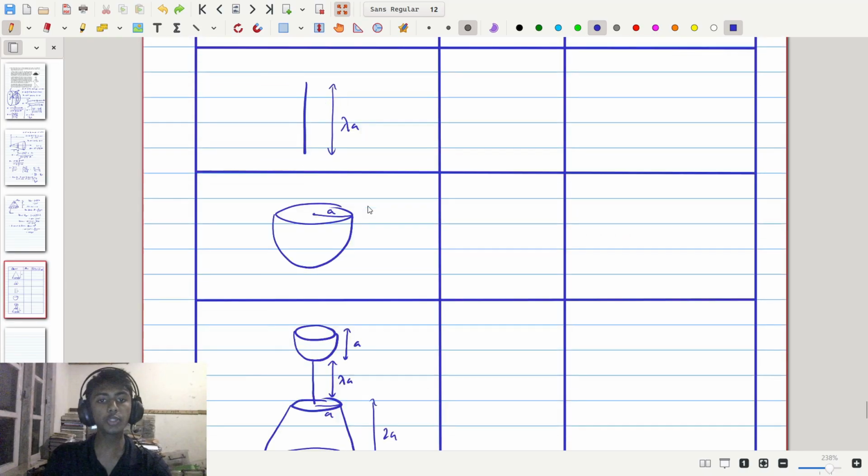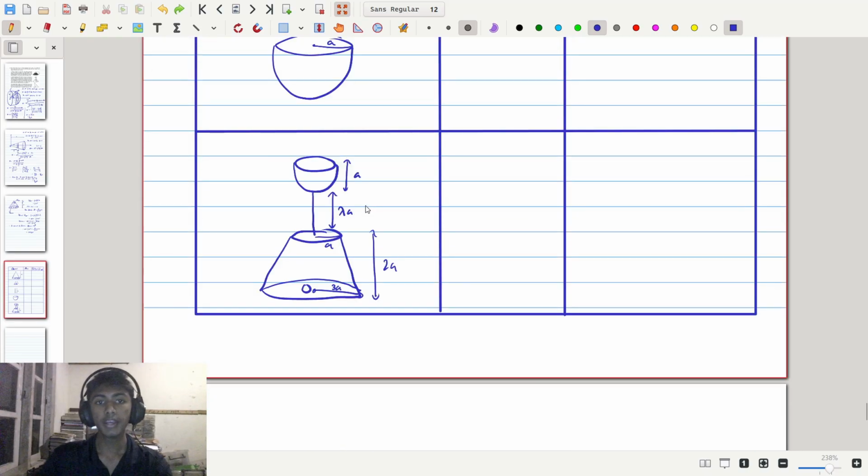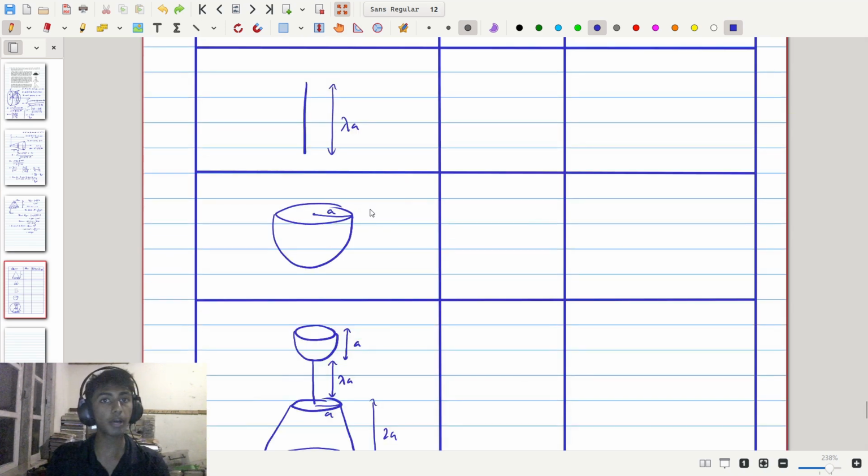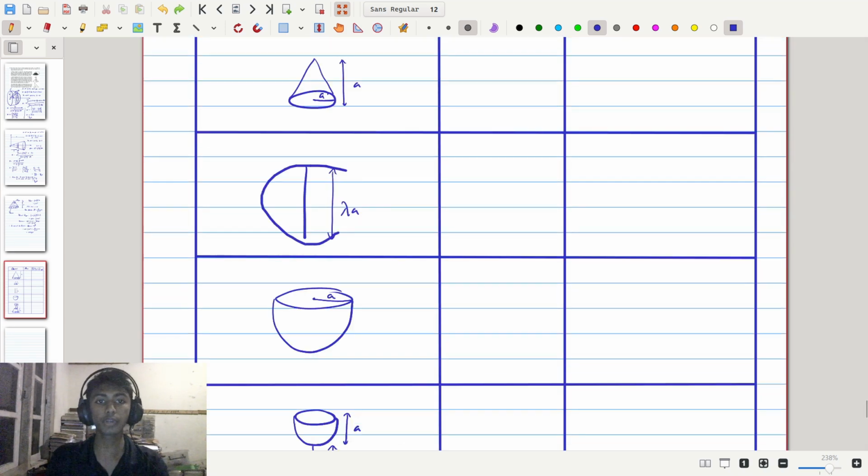So, what you will do in this kind of table is to have your composite object at the very end, and then you're going to break your composite object into simple objects that you can find the centers of mass of easily, either by integration as we did above, or because they're so obvious that you can very easily find them. For example, here I have the hemisphere, and I have the rod, which is a simple object.